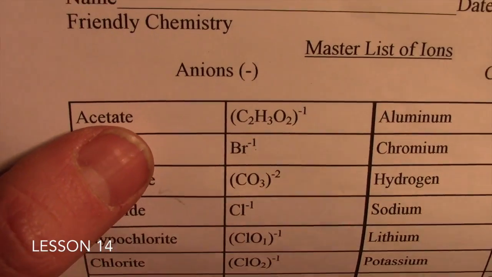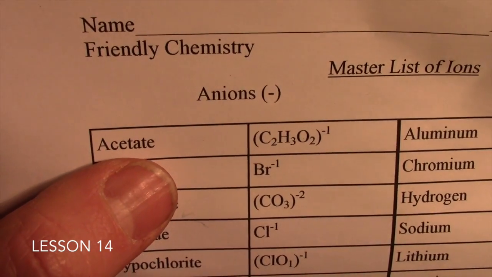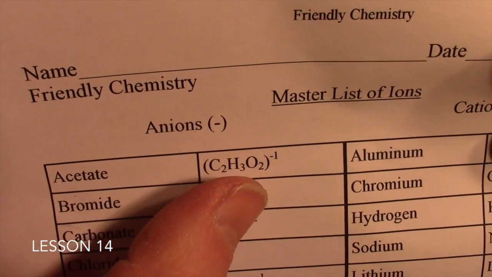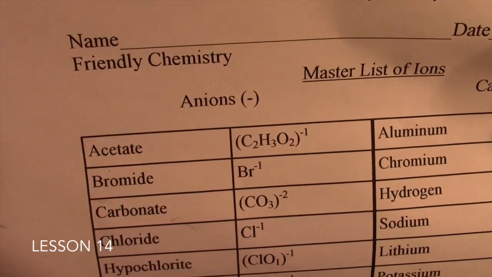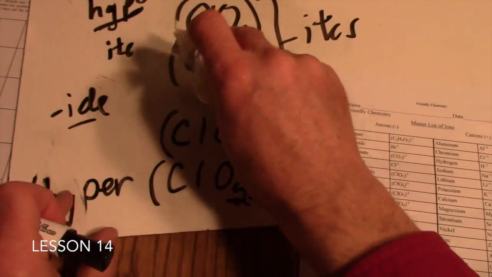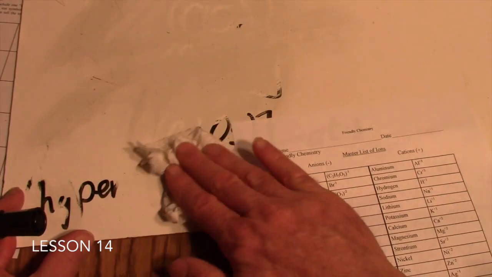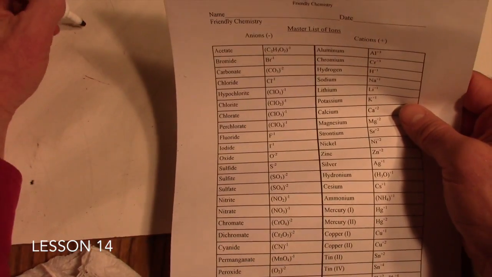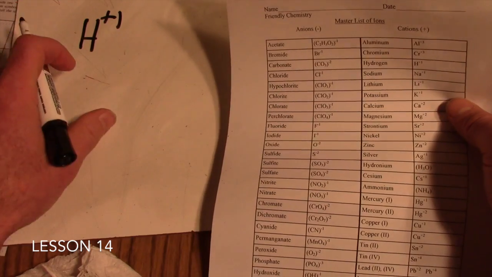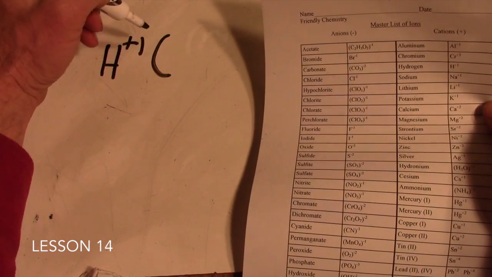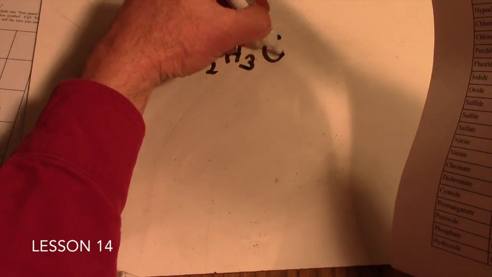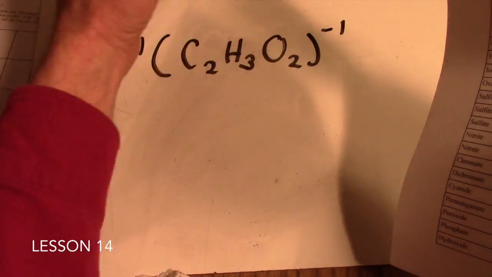Now, if we added a hydrogen cation out front, if we made it hydrogen acetate, let me draw it here on the board for you. Hydrogen acetate is, so we've got a hydrogen, H1, and then we've got acetate. So I'm going to put my parentheses, C2H3O2, and it's a -1.